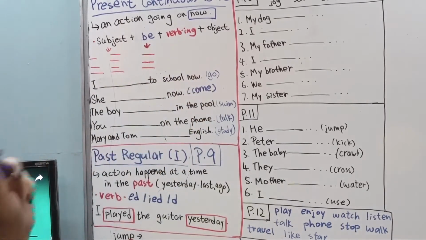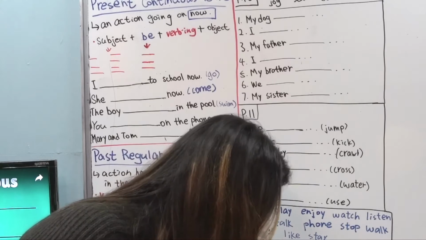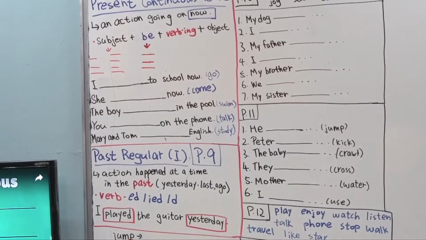Alright, so what is a subject? In the video, it says Andy is washing the car, right? Andy was the subject, right? Which subject pronoun goes for Andy? Andy is a boy, right?